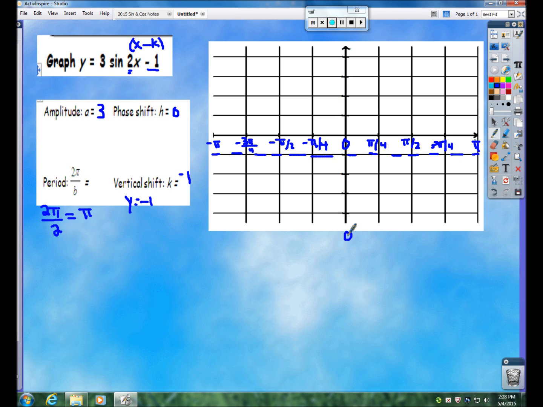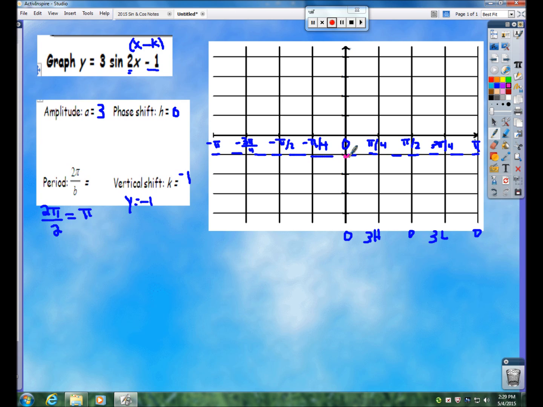So we're at 0, high, 0, low, 0. And because we have an amplitude of 3, we're going to multiply 3 times our high and 3 times our low. So instead of going up 1, we're going to go up and down 3. All right, now be careful. We're counting from this new baseline here at negative 1.